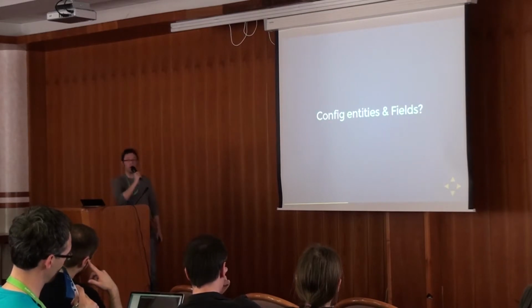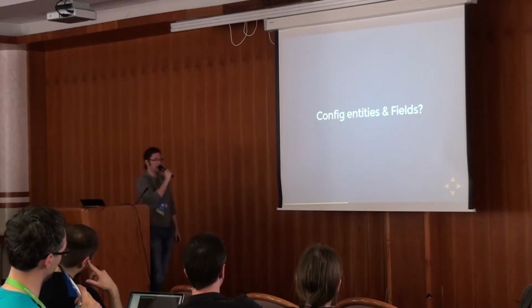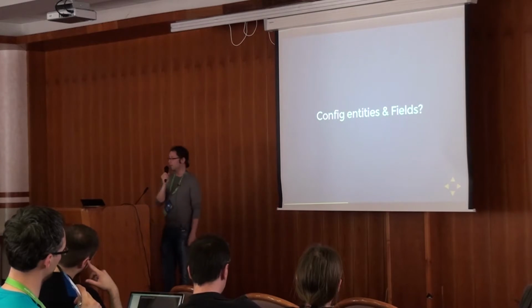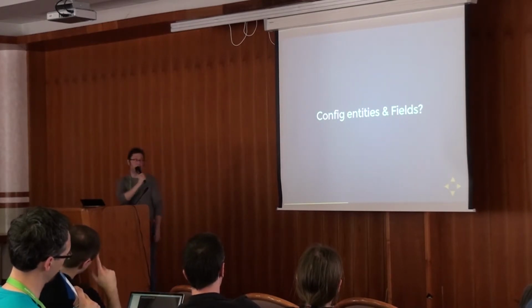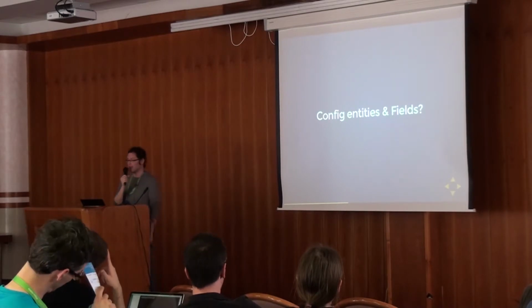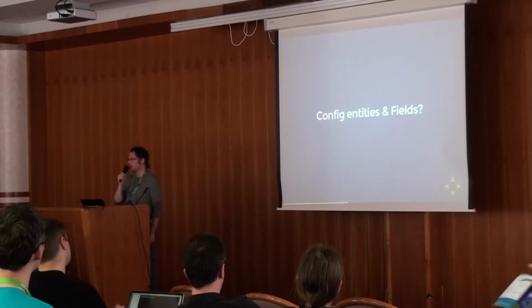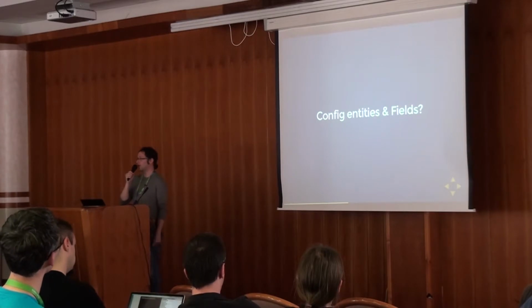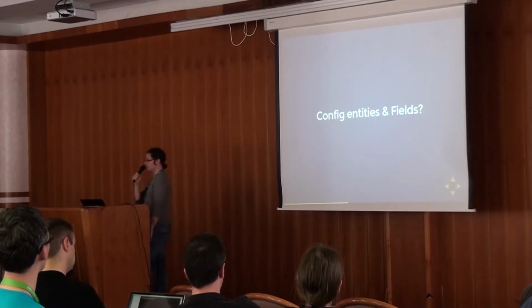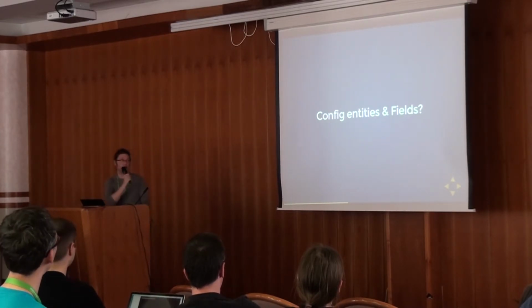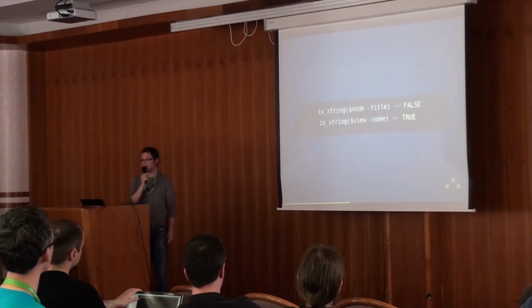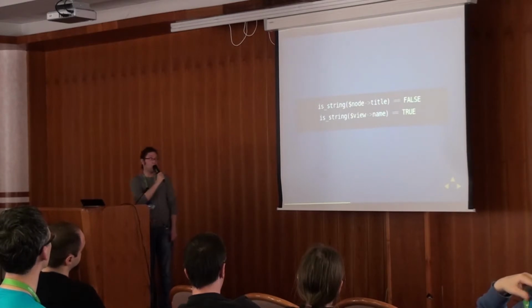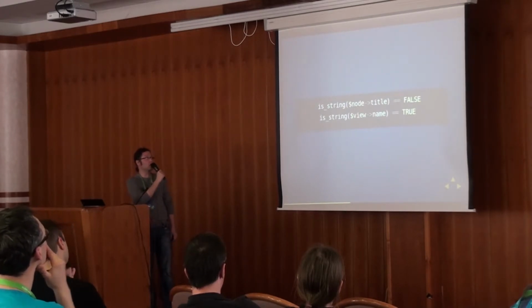So I mentioned configuration entities, and now I talked a lot about fields. So you might wonder how it is with configuration entities and fields. Actually, right now, only content entities have fields, and config entities don't work that way. They still have just plain properties that are directly stored. That also has an impact when you work with those entity objects.